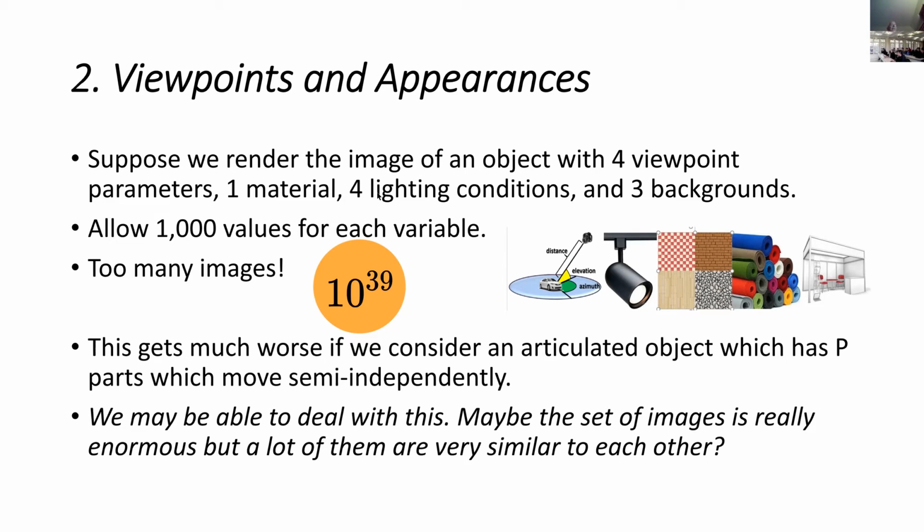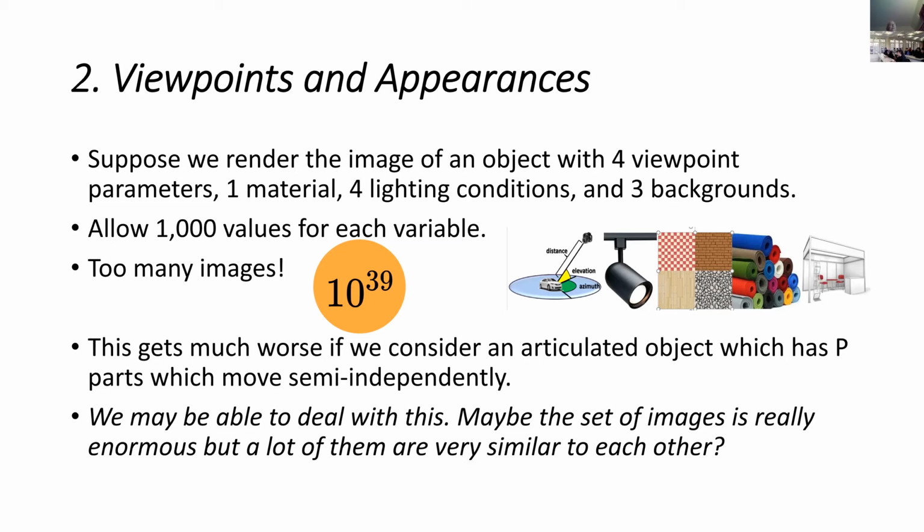You allow four lighting conditions and 3 backgrounds. And for all these variables, you allow 1,000 values, and you get too many images. So for a single object, you get 10 to the 39 possible images. And that's enormous. Nobody can make a data set that big.